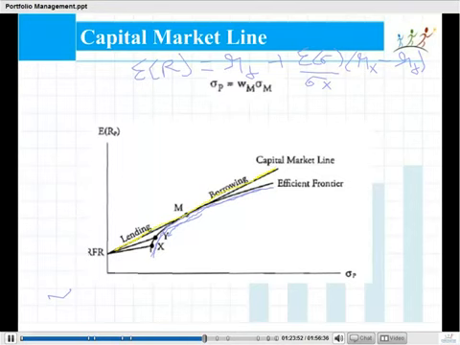The purple line was my original efficient frontier. The yellow line is the portfolio combinations of risk and return that I have created by combining the risk-free asset with the tangency portfolio.